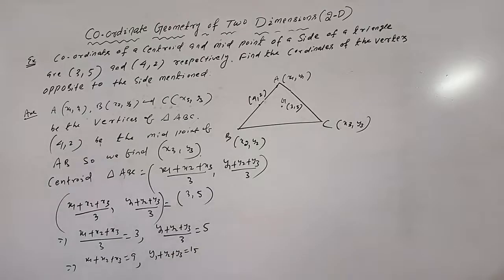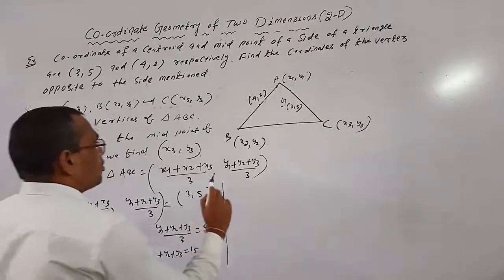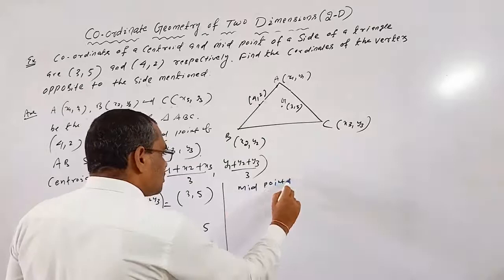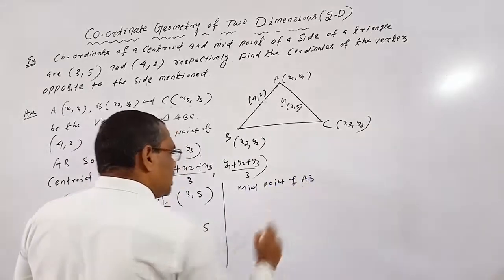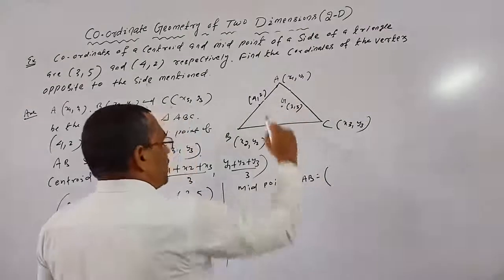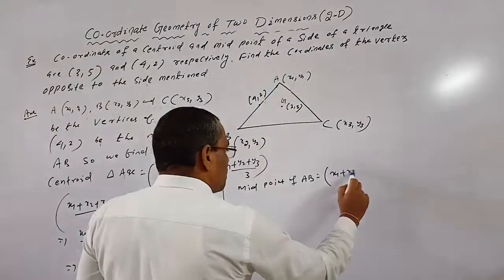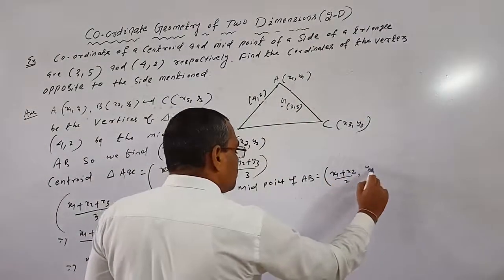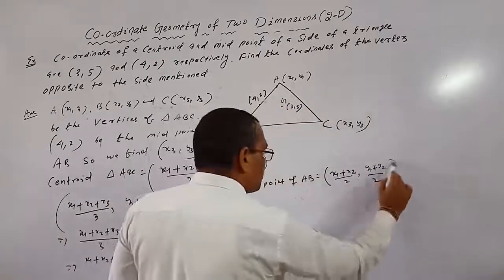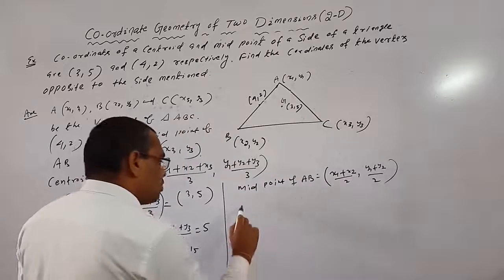Next, midpoint of AB equals 4, 2. The midpoint of side AB equals x1 plus x2 by 2, y1 plus y2 by 2. But the midpoint equals 4, 2.